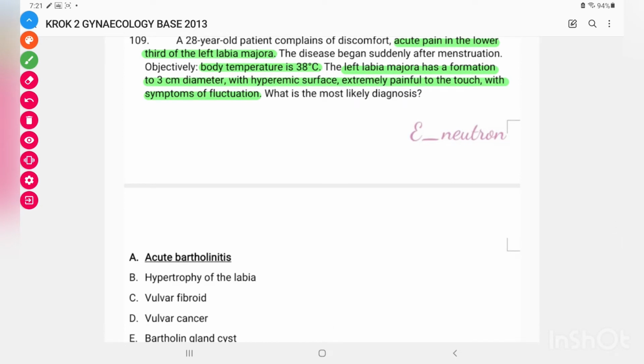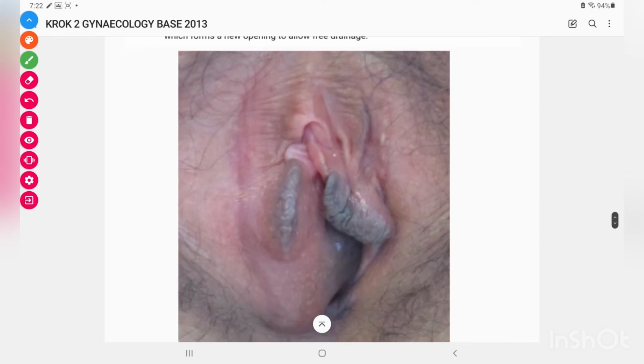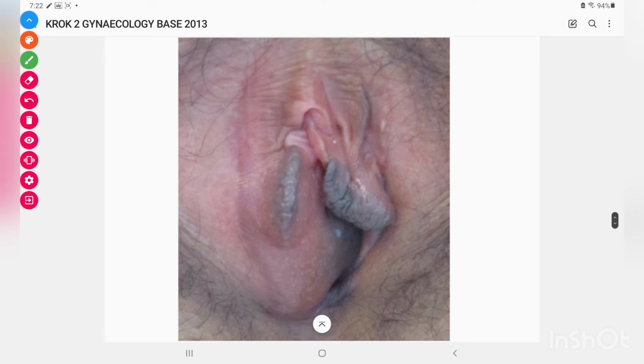The symptoms of fluctuation as well as the location and the rest of the major symptoms like body temperature and hyperemic surface all point to acute bartholinitis. So I hope it's clear. This is how it presents.